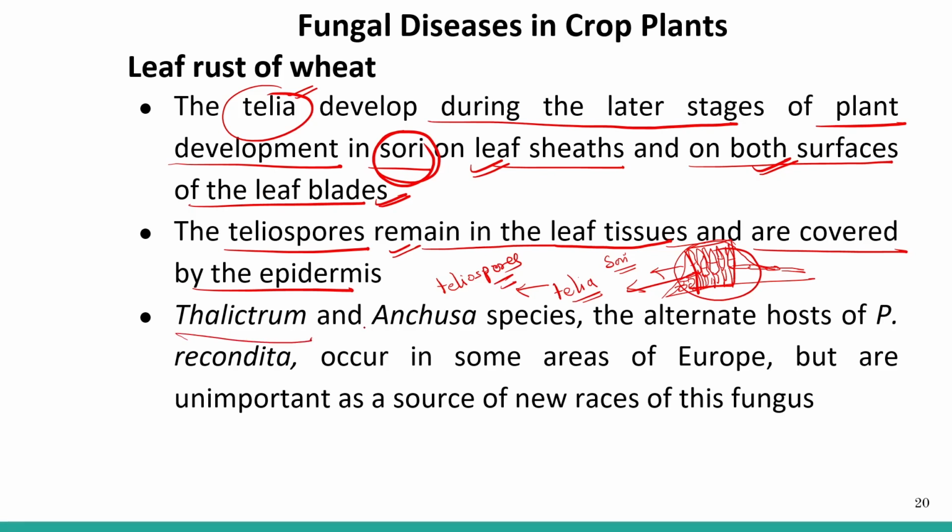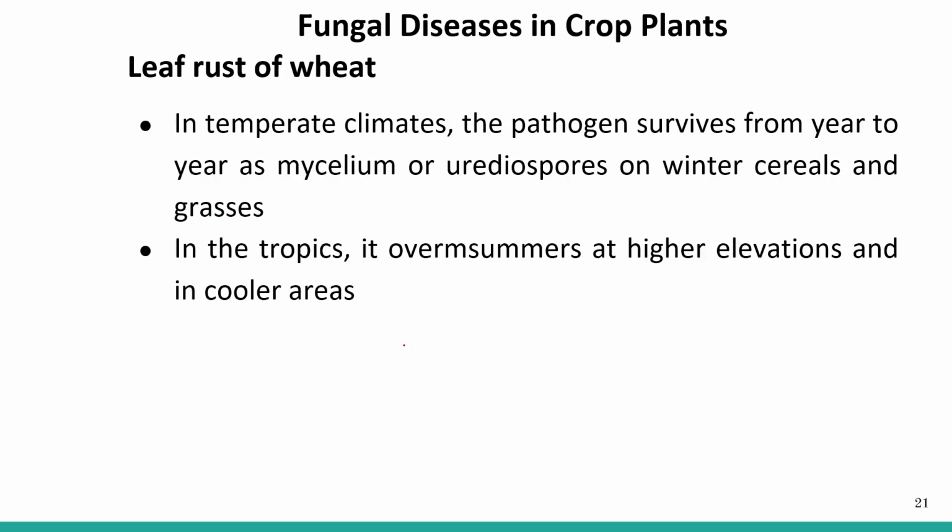Thalictrum and Anchusa species, the alternate hosts of Puccinia recondita, occur in some areas of Europe but are unimportant as a source of new races of this fungus. So these are the two alternate hosts, Thalictrum and Anchusa species.